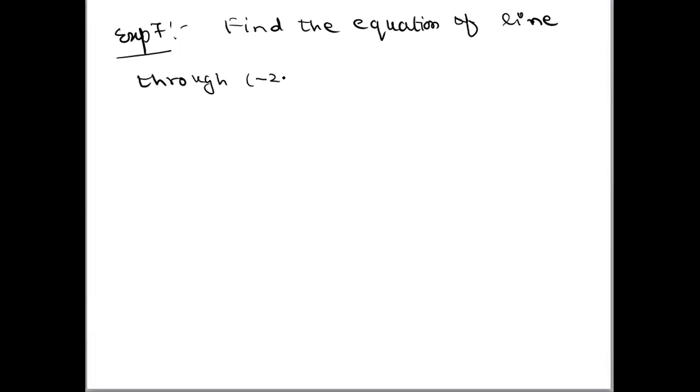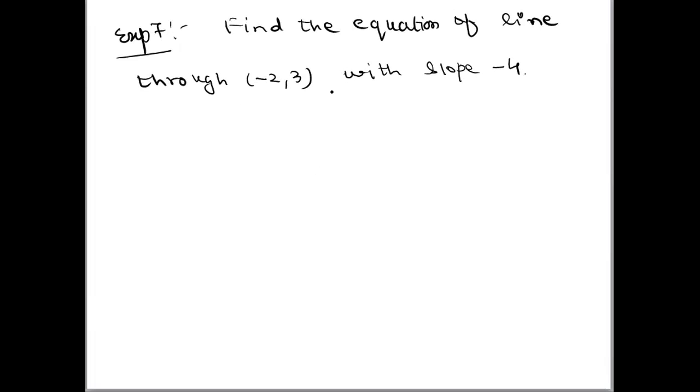Find the equation of line through minus 2 comma 3 with slope minus 4. Find the equation of the line through point minus 2 comma 3 with slope minus 4.